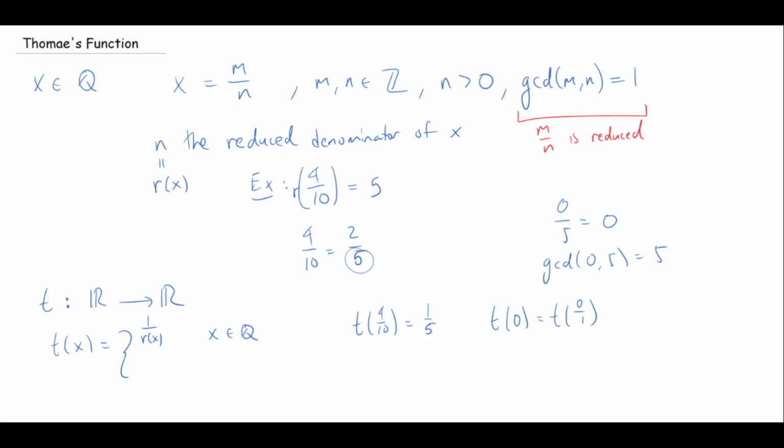So this is not going to satisfy our assumptions here. So 0 over 1 is the only one that does. And then we just use this same definition, this would be 1 over 1, which is 1. Now of course x doesn't have to be rational. It could be irrational, in which case the function just returns 0. So this is what we call Thomae's function.